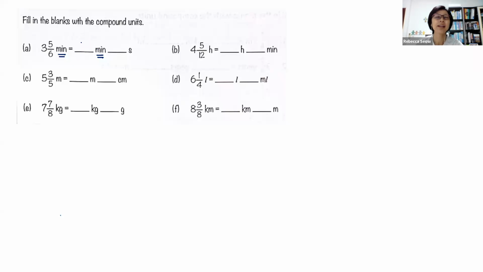What is in the blank where minutes is concerned? It's actually the whole number. 3 minutes, 5 out of 6 minutes means that under minutes we have 3. Okay, so for all questions, let's put in the whole number together with the unit that matches it.